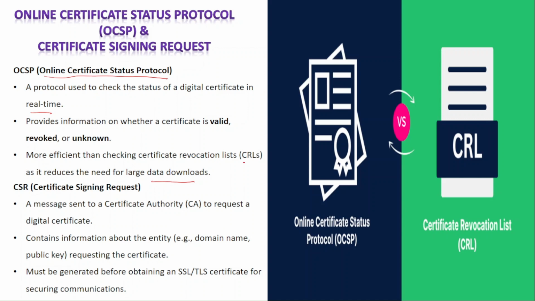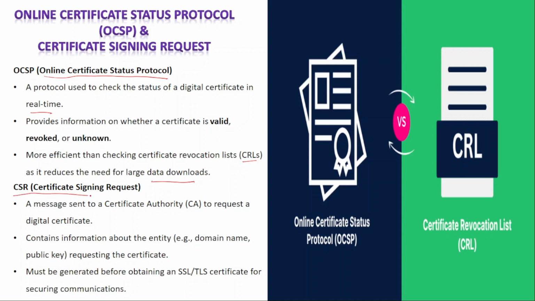As you know, the certificate revocation list contains the list of all revoked certificates. Manually checking this list causes delays, and it is tiresome. So for efficiency, we have the OCSP, the Online Certificate Status Protocol, which is an efficient and fast way of checking the status of a certificate.